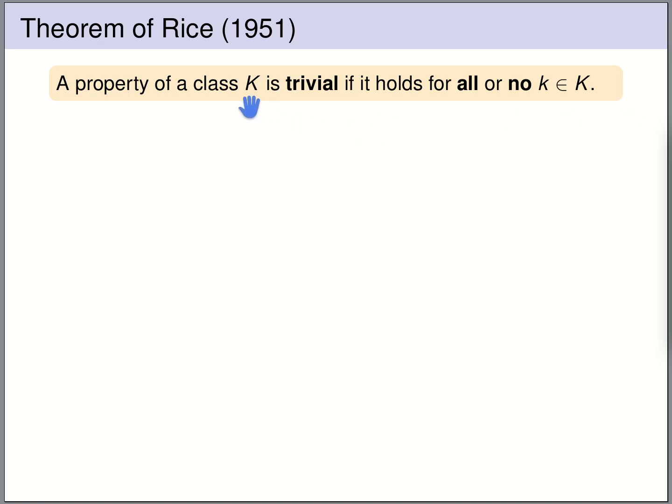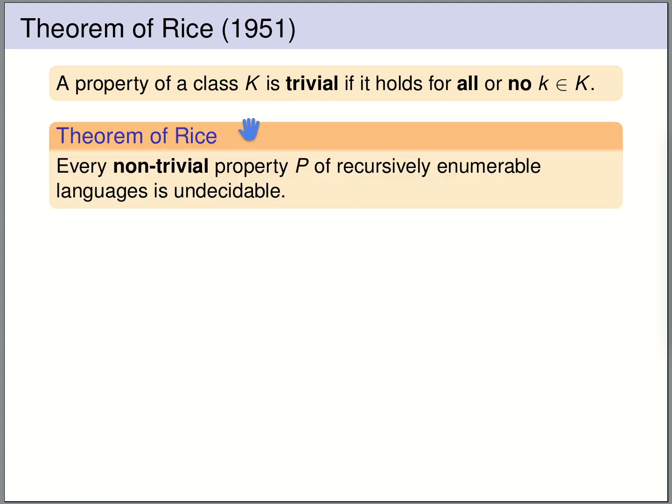A property of a class K is said to be trivial if the property holds for all elements of K or the property holds for no element of K. So if you have a property that holds for some elements and it doesn't hold for other elements, then this property is non-trivial. The Theorem of Rice says that every non-trivial property of recursively enumerable languages is undecidable. Here we implicitly assume that the recursively enumerable language is given in the form of a Turing machine.